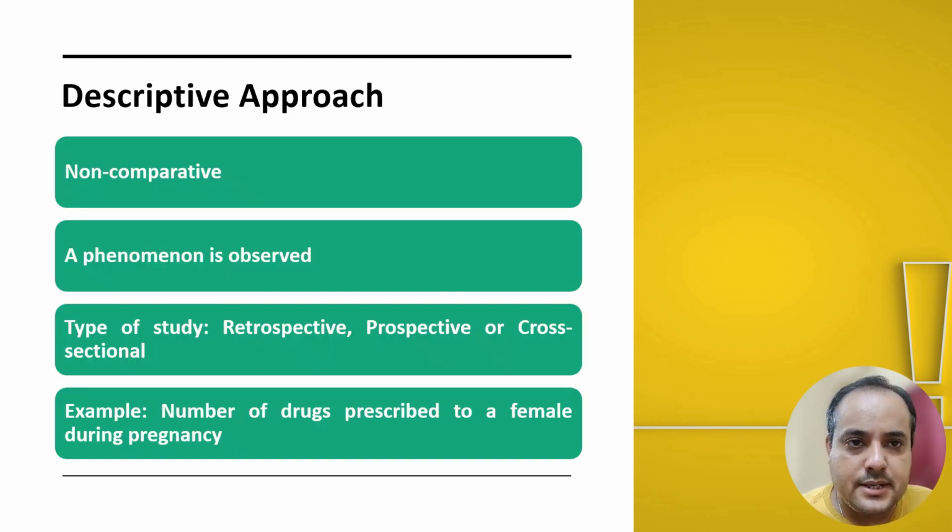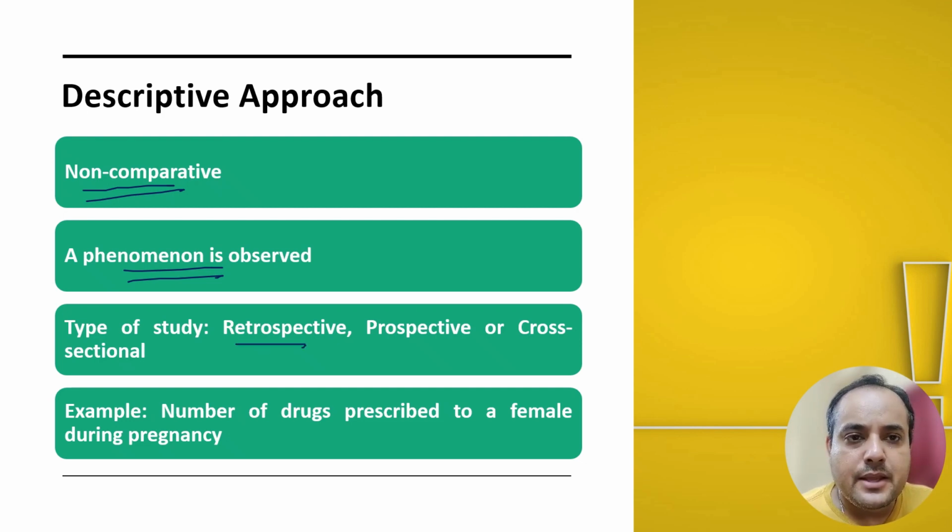So now, what is the descriptive approach? The descriptive approach is a non-comparative approach. That is, we are not comparing the situations in case of a descriptive approach. We are just observing a phenomenon. The type of study can be retrospective.